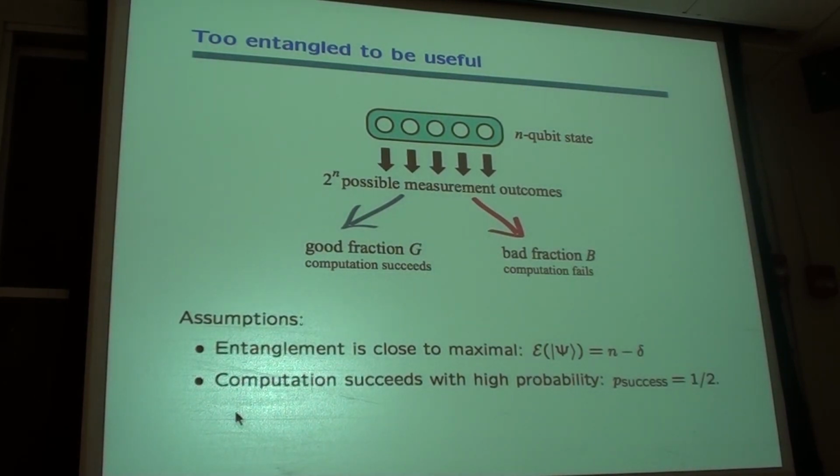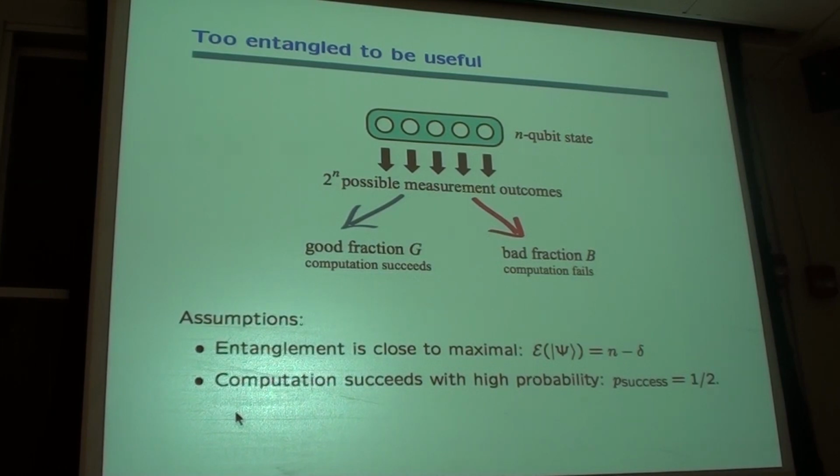So here are the two assumptions. We are saying that the state has close to maximal entanglement, and also we are assuming that this computation succeeds with high probability. The 1/2 is not critical here because it's just an example. You're learning the right answer with high probability.